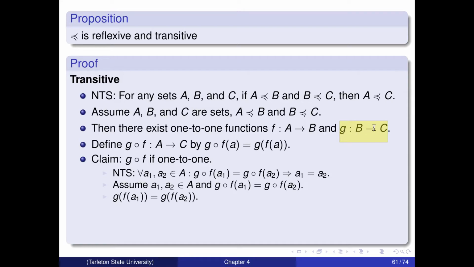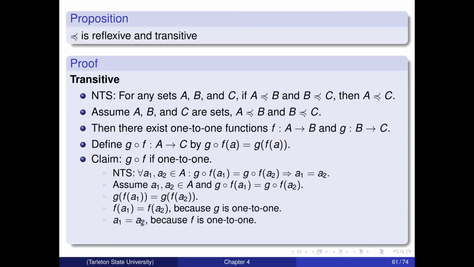And if a function is one-to-one, that means if the output values are the same, the input values are the same. In fact, that's just the definition of one-to-one. So because g of f of a1 is equal to g of f of a2, it follows that f of a1 must be equal to f of a2 because g is a one-to-one function. But now we can realize that f is a one-to-one function. So if f of a1 is equal to f of a2, it must follow that a1 is equal to a2.